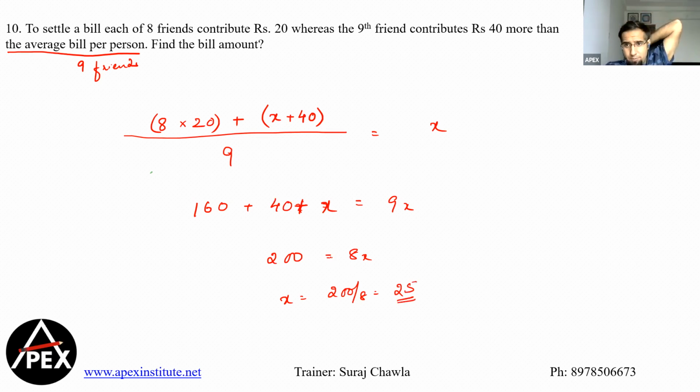So the average bill per person is 25 here. That means the total bill is going to be 9 into 25, and you can write this as 25 into 10 minus 1. That's going to be 250 minus 25, which is going to be 225.